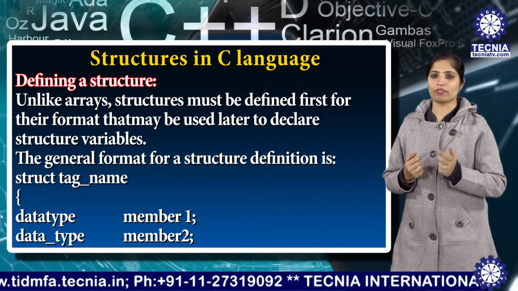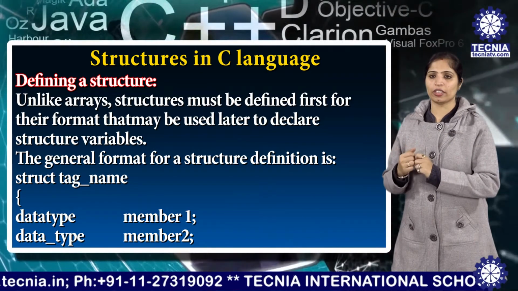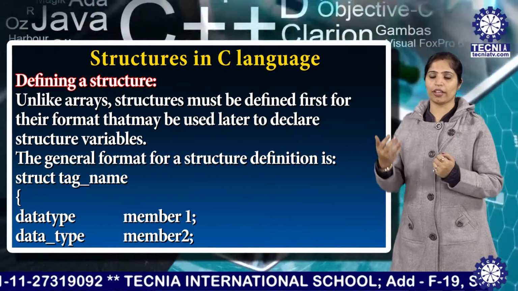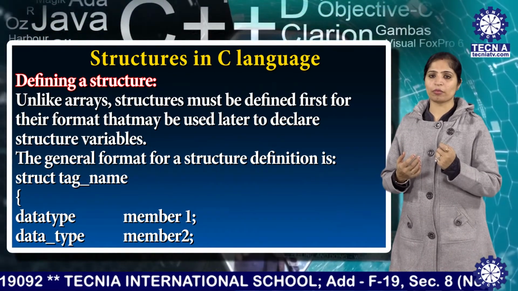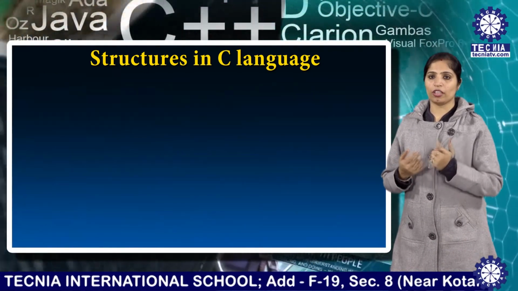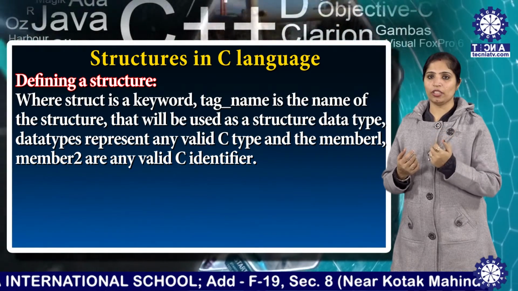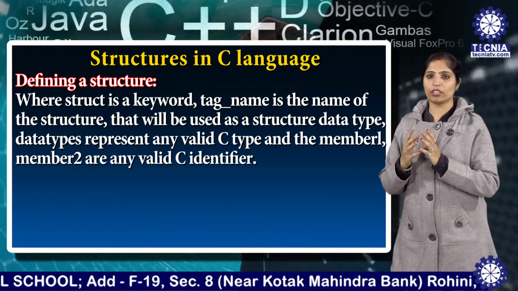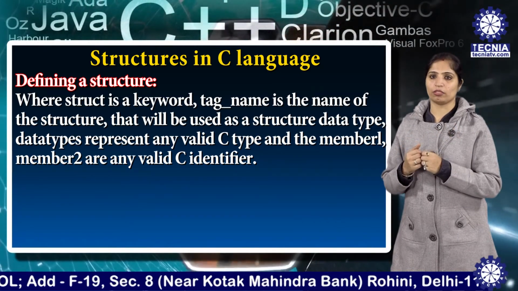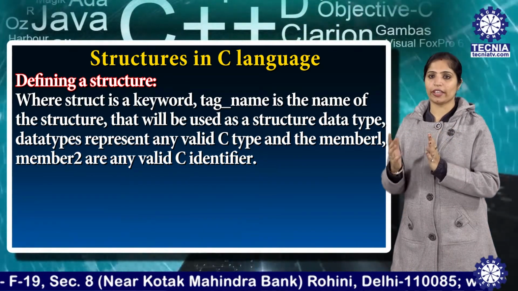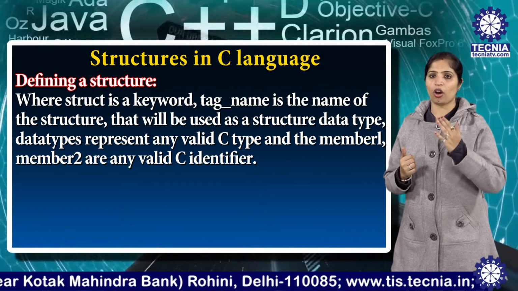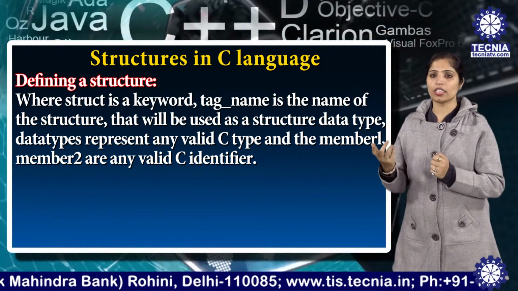In the braces, we define the data type as well as the members: data type member 1, data type member 2 and so on, with the closing brace and semicolon. Here, struct is a keyword and tag name is the name of the structure that will be used as a structured data type. The data type represents any valid C type and member 1, member 2 are any valid C identifiers.